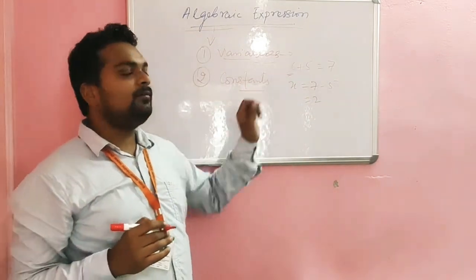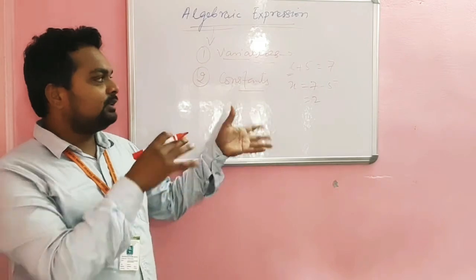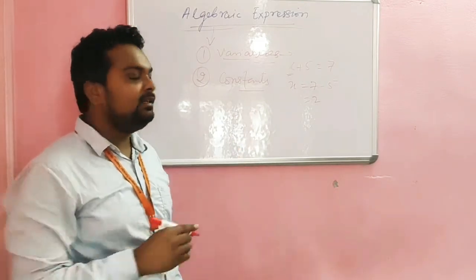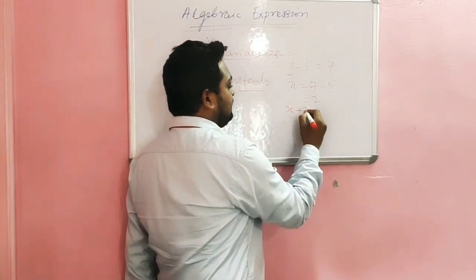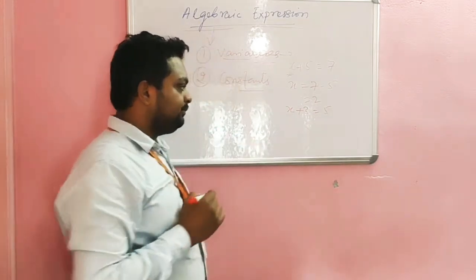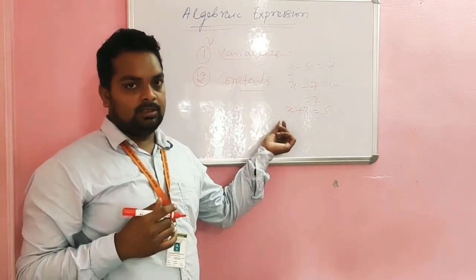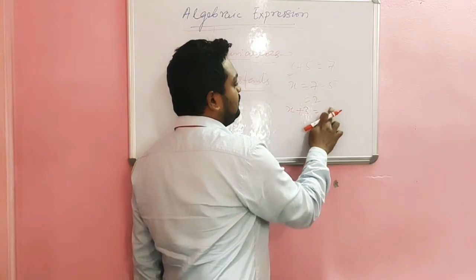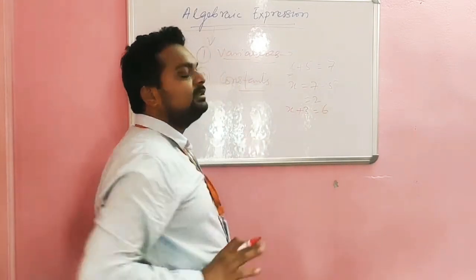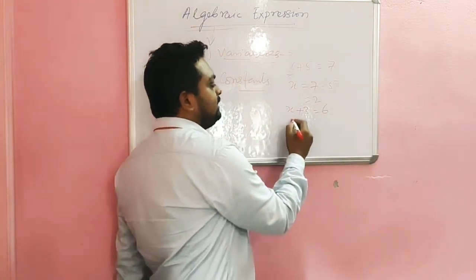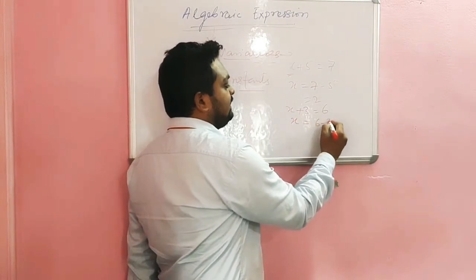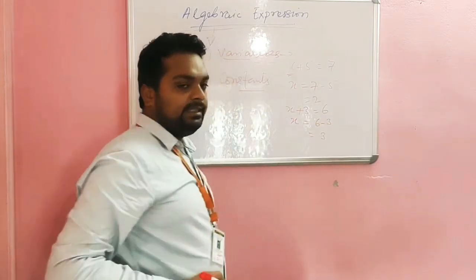So here the value of x is 2. Now suppose we change it slightly, like if we write x plus 3 is equal to 6. In this case, what is the value of x? It is 6 minus 3, that is equal to 3.